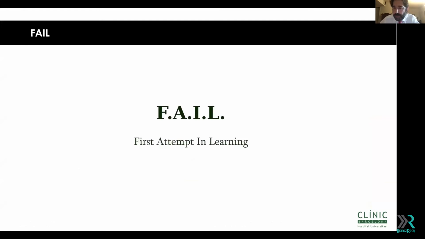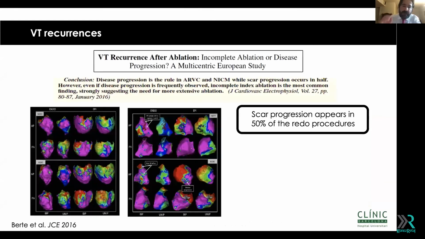So what is a fail? A fail to me, it's just the first attempt in learning. So what can we learn from recurrences? If you look at this interesting paper that was published in JCE some years ago, they analyzed the map of the patients who underwent a VT redo procedure. And obviously there was a kind of scar progression in half of them.